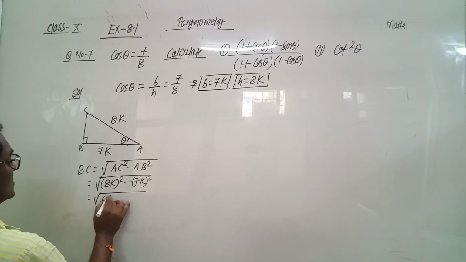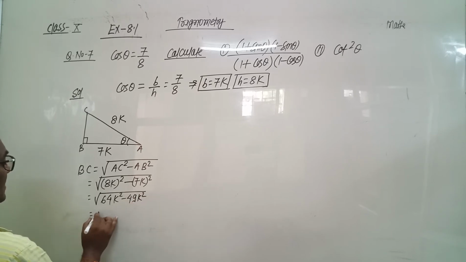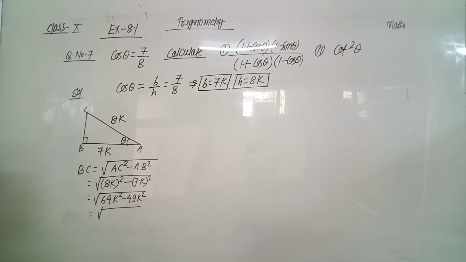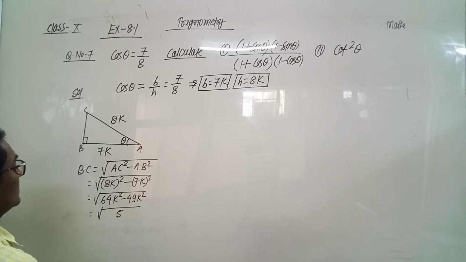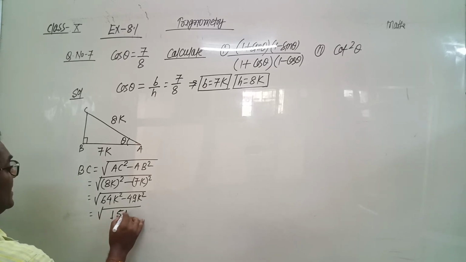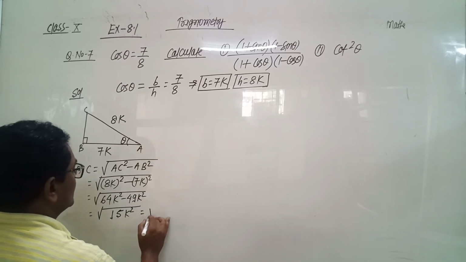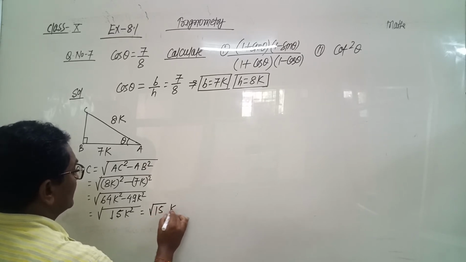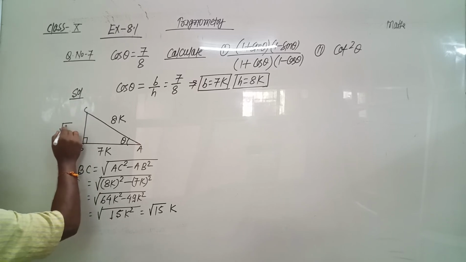So 8k the whole square means 64k square minus 49k square. 64 minus 49 is 15, so root over 15k square, which is written as root 15 k. So we get the perpendicular BC equals root 15 k.